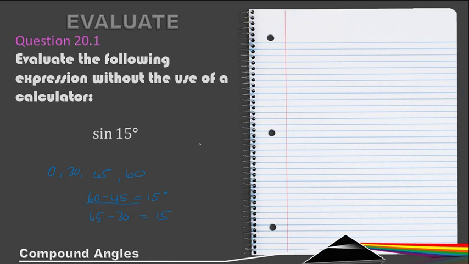So let's use the first one, where I'm just going to replace 15 with 60 minus 45. Right, so now, once again, just to apply sine's compound angle identity, we have sine 60 cos 45 degrees minus cos 60 and sine 45 degrees.